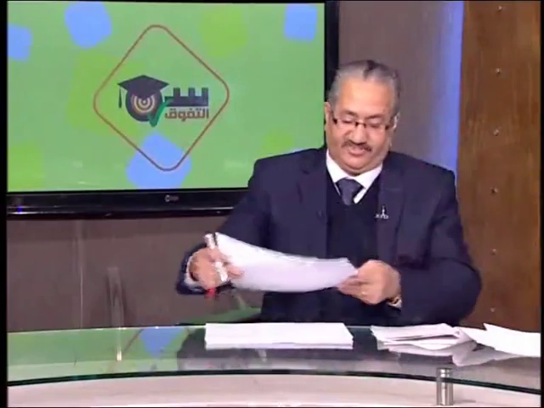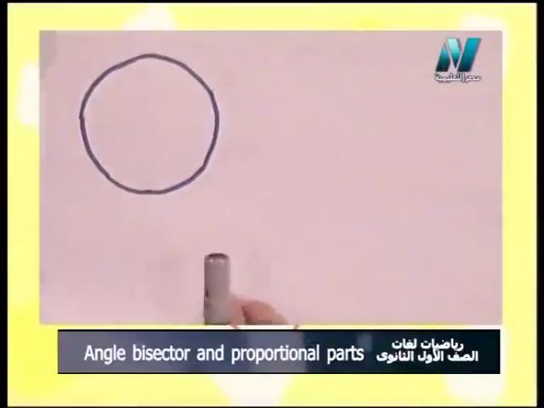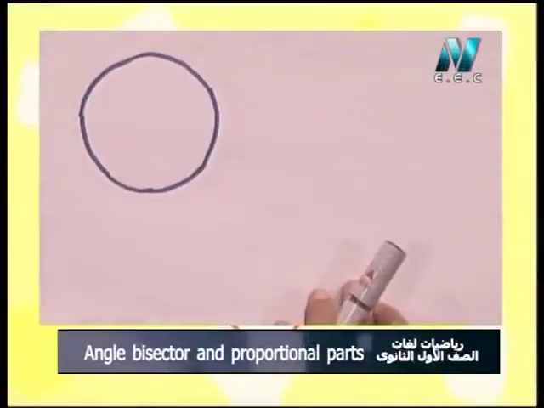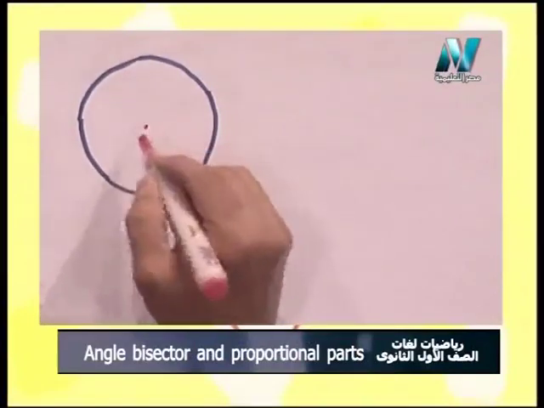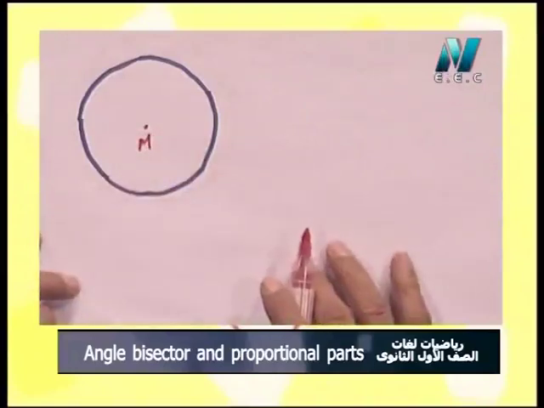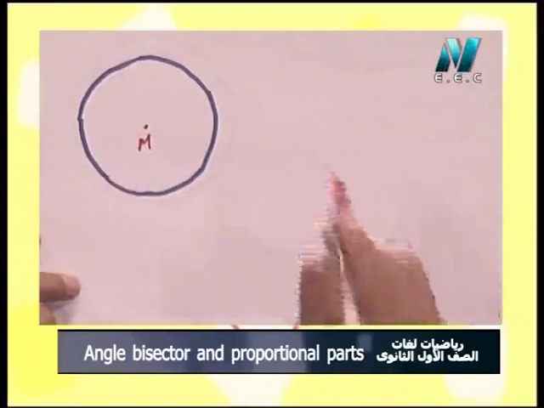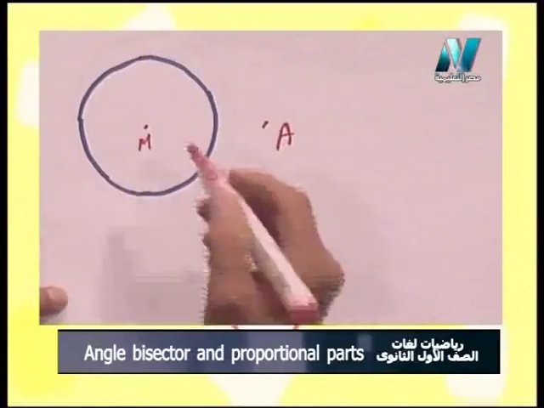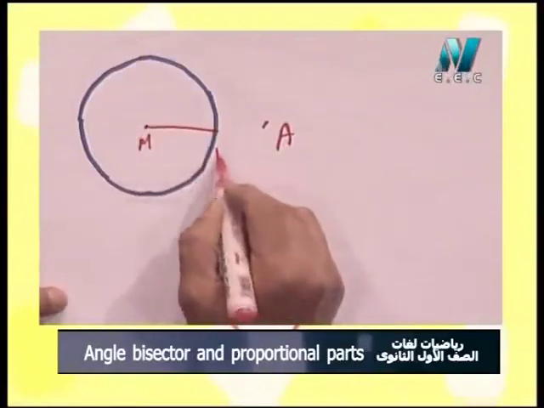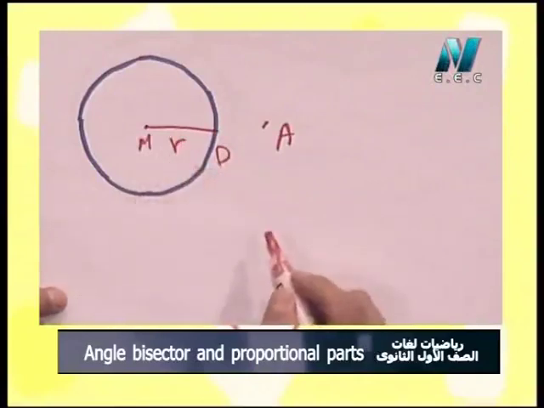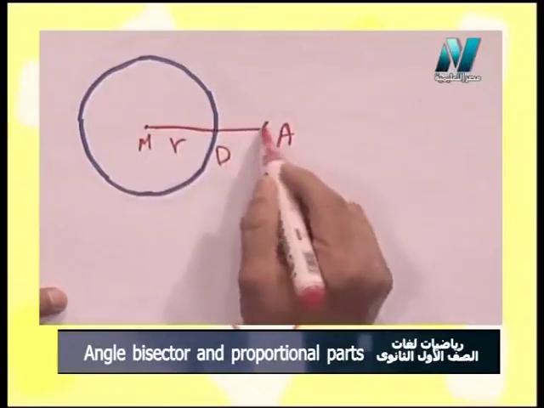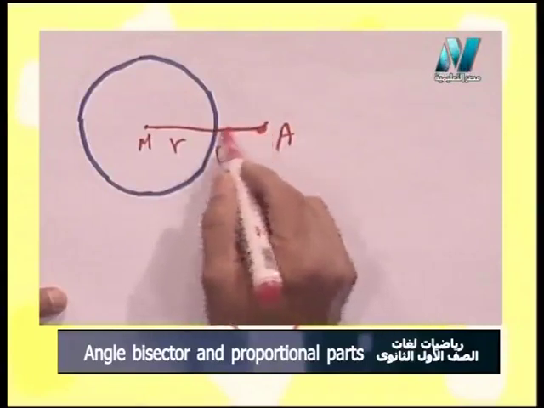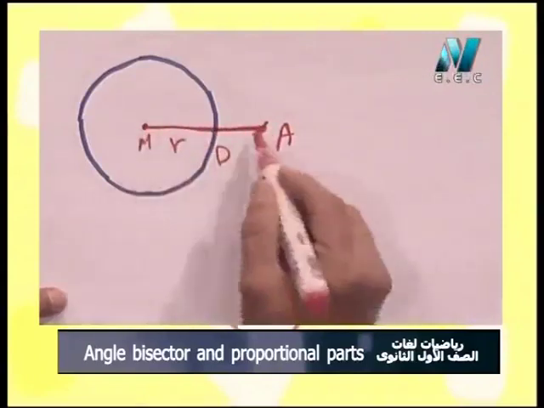Okay, let's concentrate here. If we have a circle like that, this is a circle, and we have, of course, the center of the circle. We call it M. And we have a point here. Let it be A. Of course, MD here is the radius of the circle, but this point lies some centimeters away from the circle, or outside the circle.